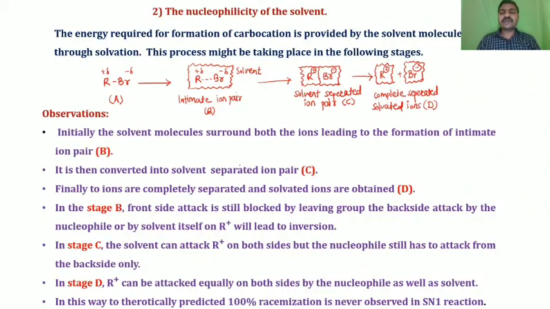So in this way, the theoretically predicted 100% racemization is not observed in the SN1 reaction, because the percentage of attack of the nucleophile from the backside is more. That is, the percentage of inversion in configuration is more in the case of the SN1 reaction.